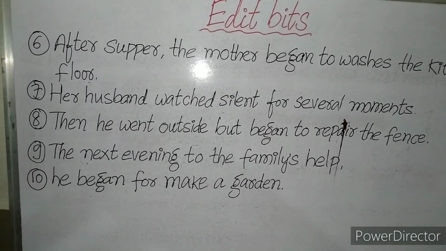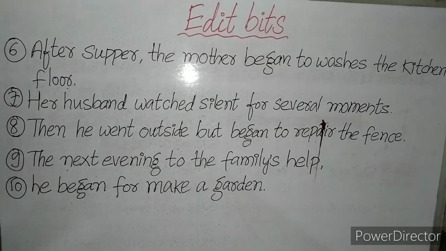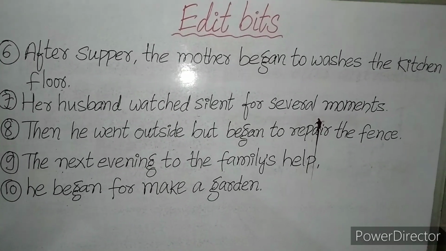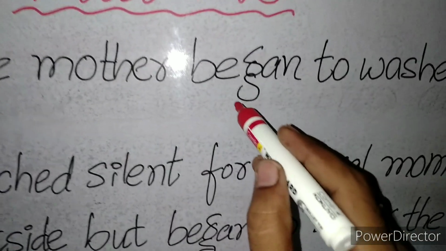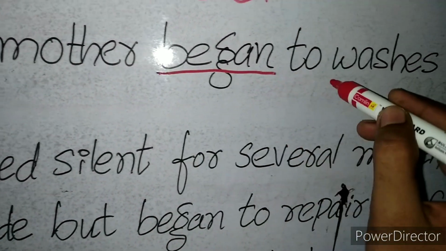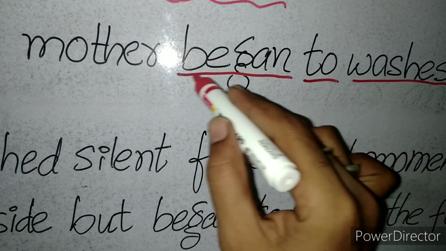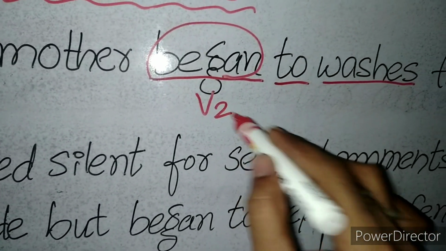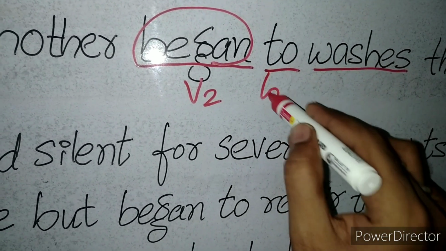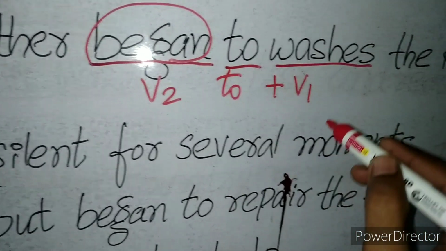Now for example the 6th one: after supper the mother began to washes the kitchen floor. So children, remember, when we use V2 form, after V2 form, if there is a preposition 'to', then we definitely use V1 form.